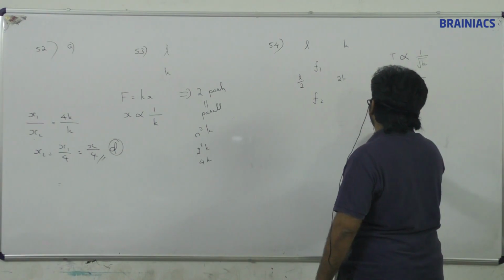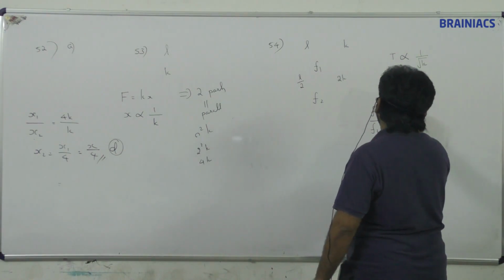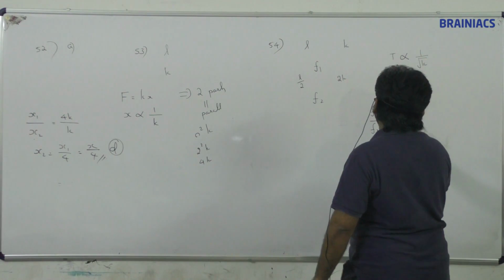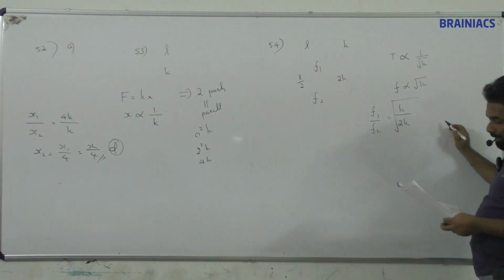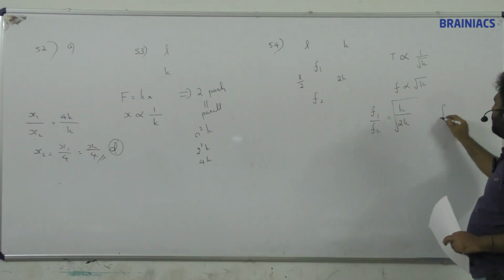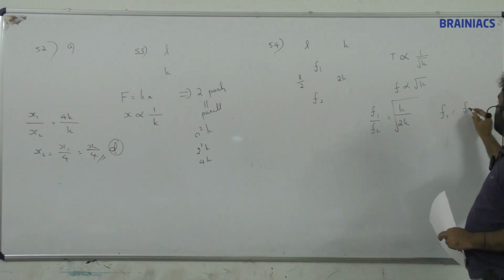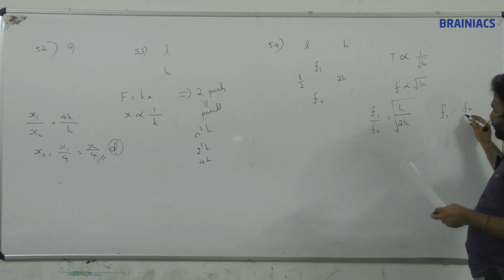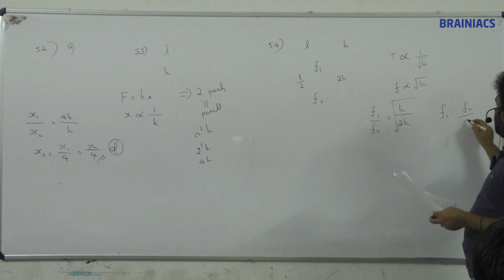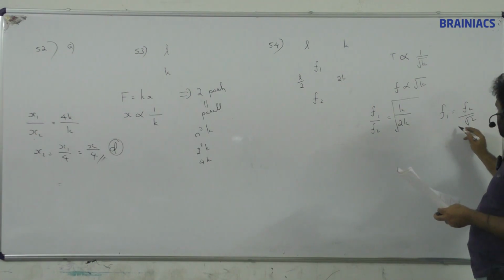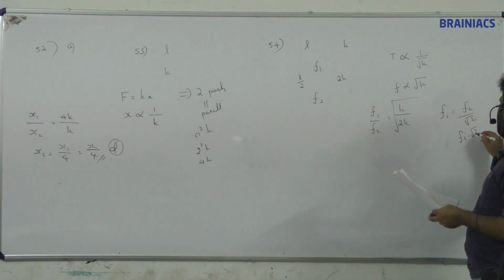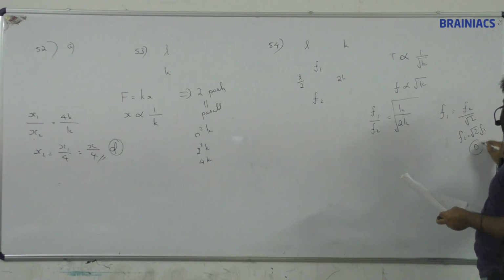So F1 by F2 is equal to root k by root 2k. So F1 is equal to F2 by root 2. Which option? B. F2 is equal to root 2 F1, that is D. Okay, done.